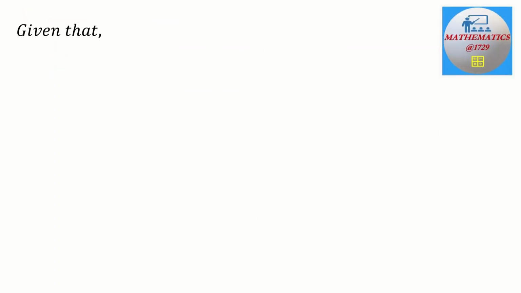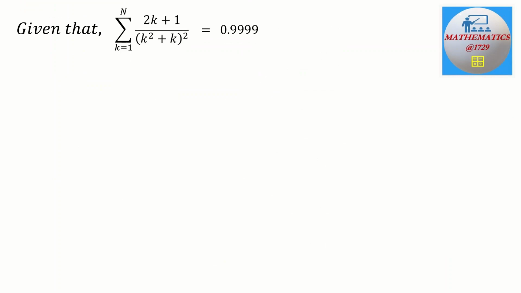So now, given that sigma k equals 1 to n of (2k+1)/(k²(k+1)²) is equal to 0.9999, now substitute the result we got in the previous step. Here we get sigma k equals 1 to n of 1/k² − 1/(k+1)², which is equal to 0.9999.